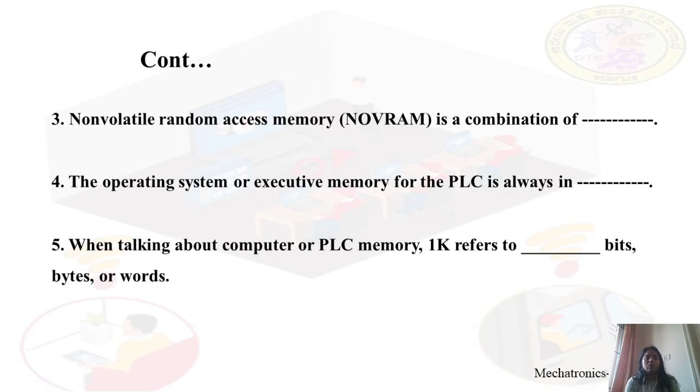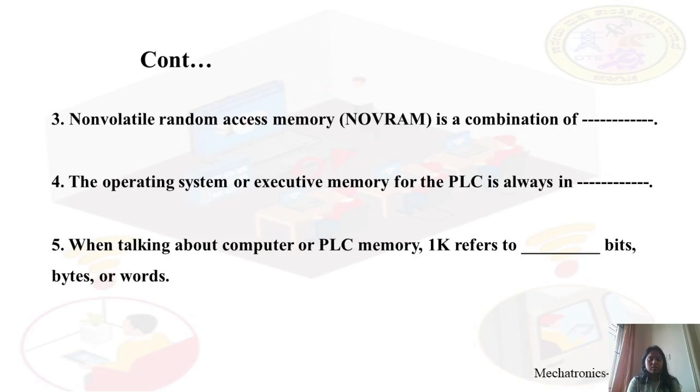Fourth question. The operating system or executive memory for the PLC is always in dash. The operating system, the OS, for the PLC is always in ROM, that is read-only memory. We cannot alter anything there. Next, fifth one. When talking about computer or PLC memory, 1K refers to dash bits, bytes or words.